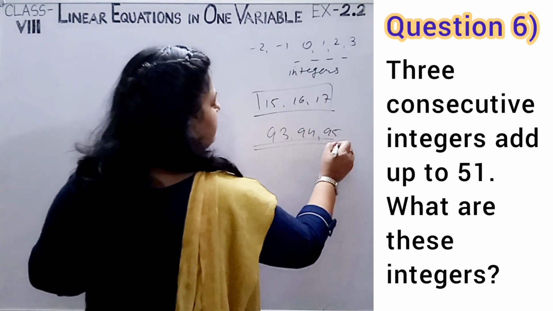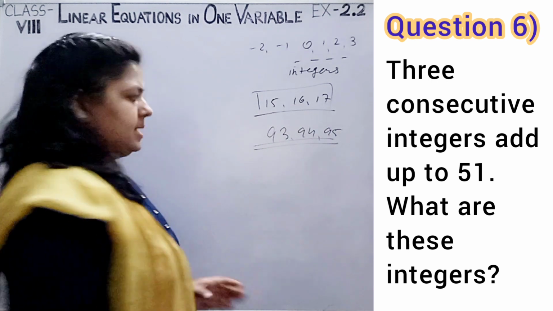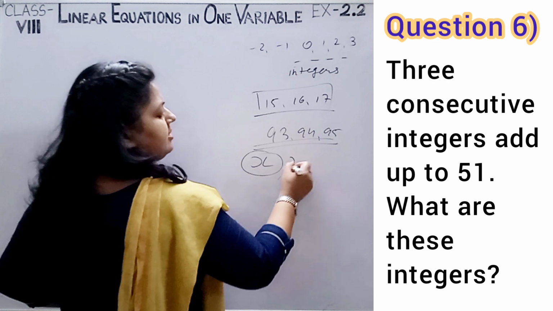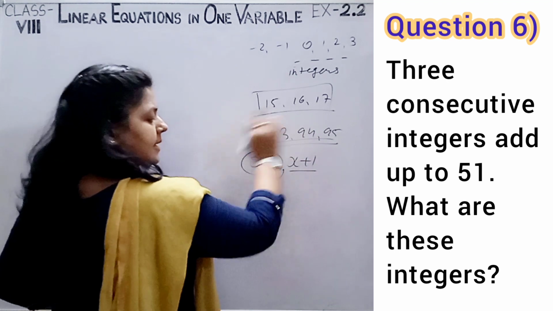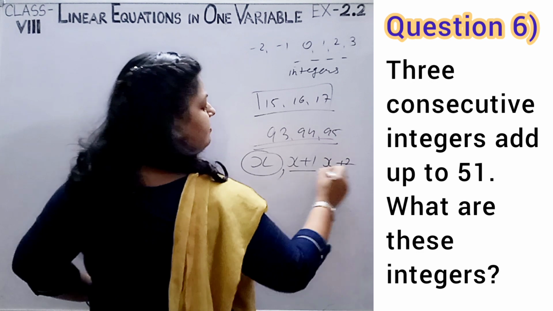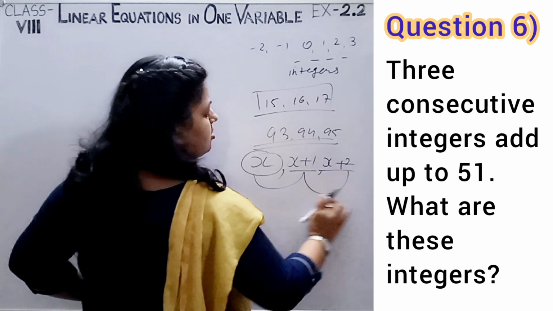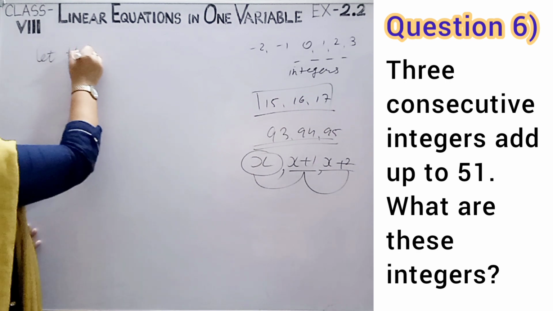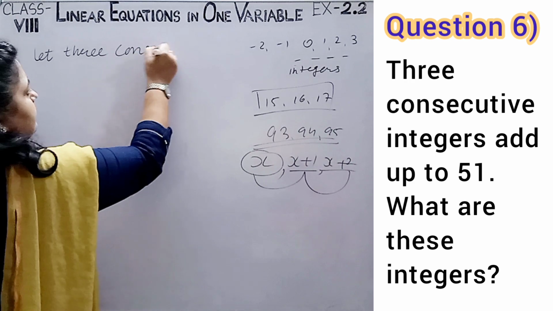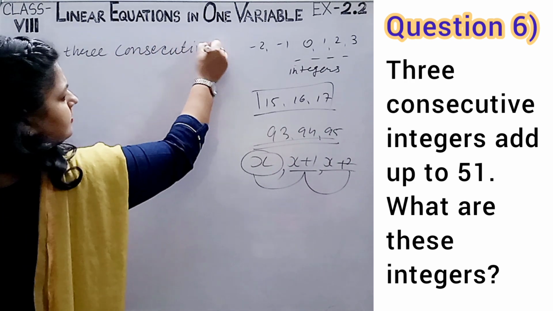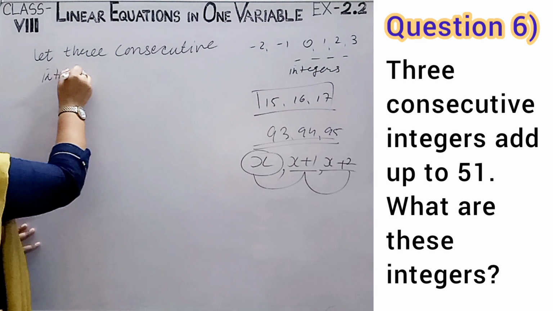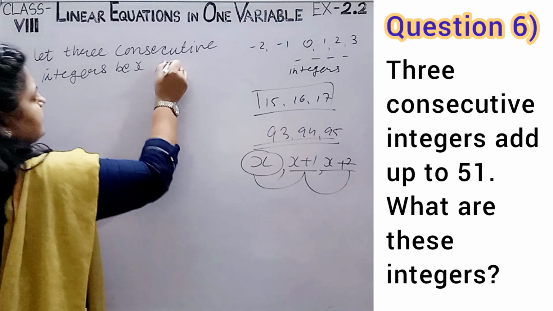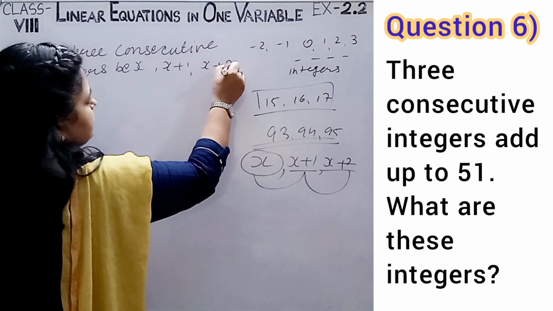These are consecutive numbers. If I see that we have x, it means this is our first number. Next one will be x plus 1 and next x plus 2. It means these 3 numbers are consecutive. So let 3 consecutive integers be x, x plus 1, x plus 2.